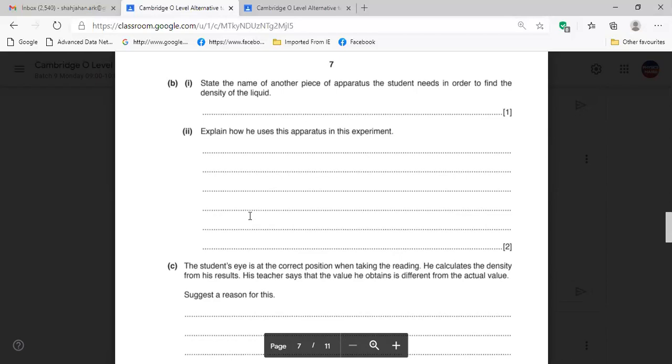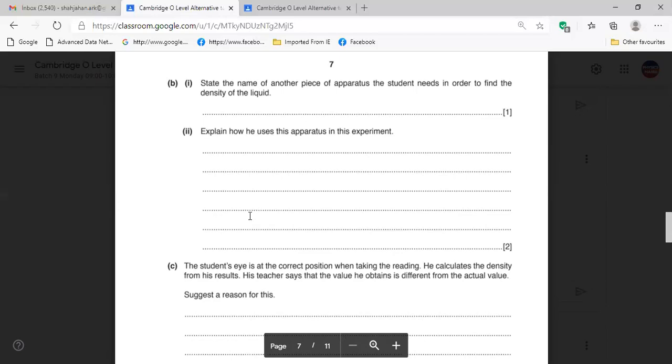Normally, we get the empty cylinder first, then we have water in another place, then we pour the water. That time we do the way you first told. But here in this context, we already have the water in the measuring cylinder. So first you measure the mass with water. Is it clear? Yes, sir.